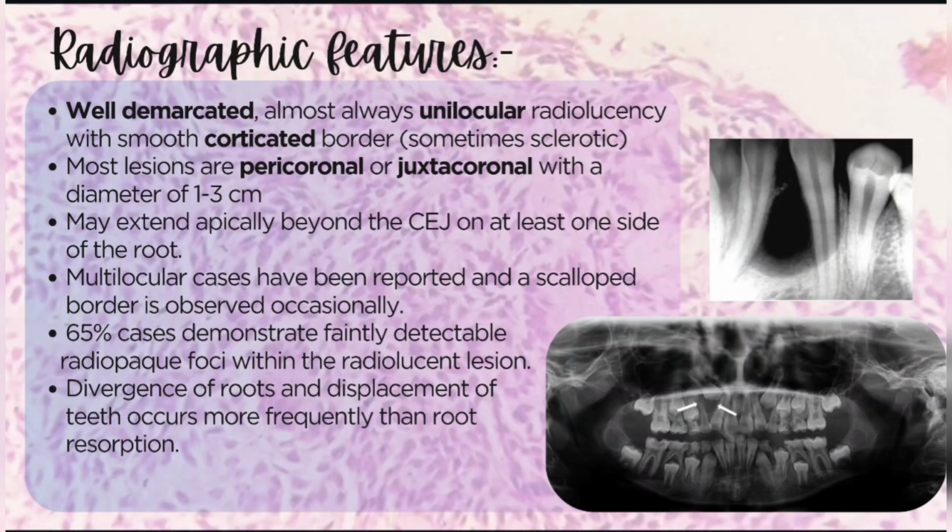So the lesion, if it is enlarged enough to surround the tooth and root structure, it can extend apically beyond the CAJ and cover at least one side of the root, or it can also cover both sides of the root. Multilocular cases have been reported, and a scalloped border is observed occasionally.